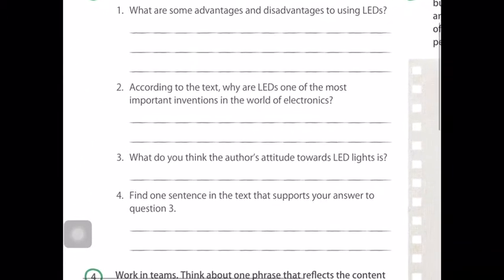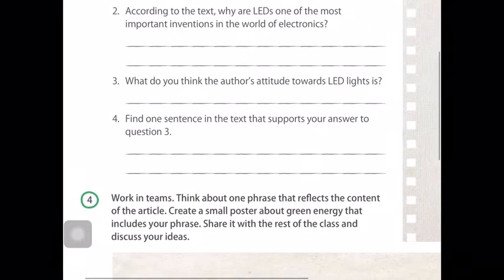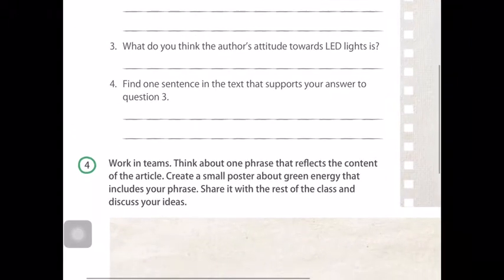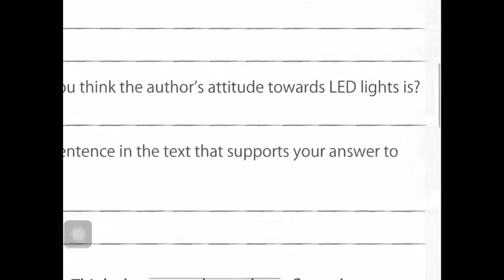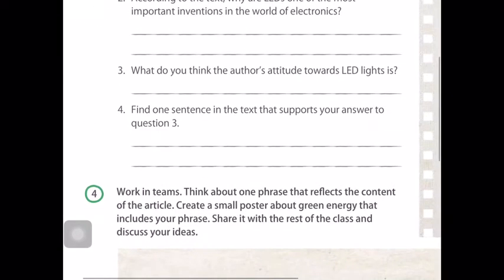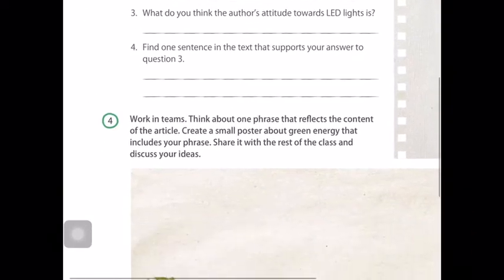According to the text, why are LEDs one of the most important inventions of the world of electronics? What do you think the author's attitude towards LED lights is? Find one sentence in the text that supports your answer to question number 3. What is question number 3? What is the attitude of the author? Okay, and then you are going to find a sentence that supports your answer. Okay?